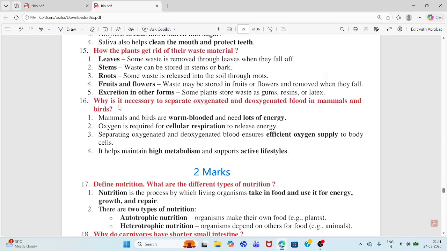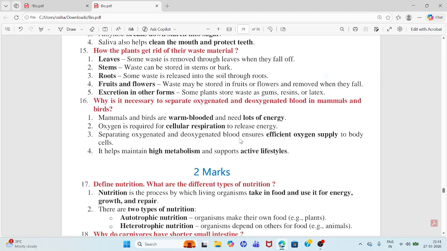16th question. Why is it necessary to separate oxygenated and deoxygenated blood in mammals and birds? Mammals and birds are warm blooded and need lots of energy. Oxygen is required for cellular respiration to release energy.